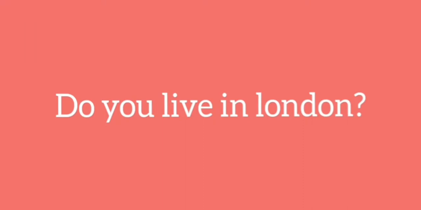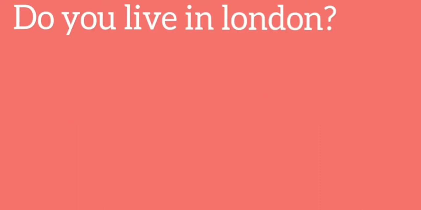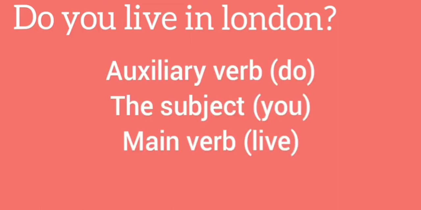Do you live in London? So what about this type of question? In this question, we don't have a question word, but we do have all of the other parts of the English question structure. Auxiliary verb do, the subject you, and the main verb live.